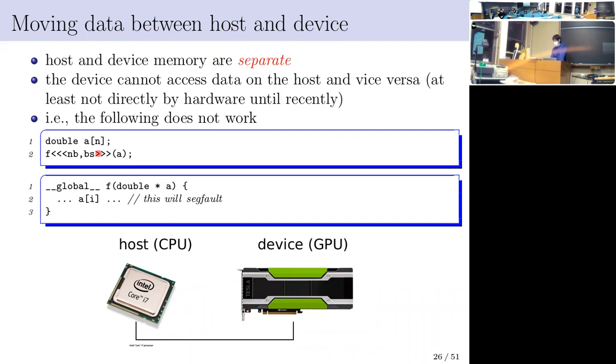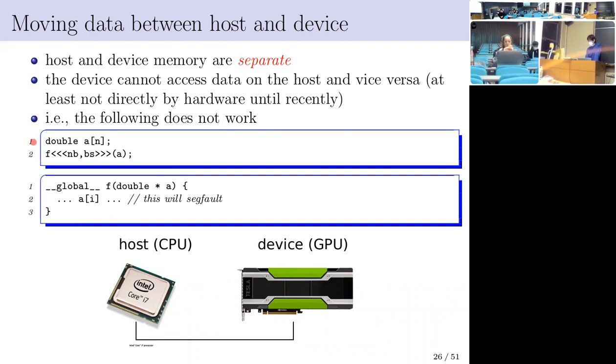What this means from the programmer's perspective is that code that looks as simple as this doesn't work. You have an array of double, and you are passing the array A, or more precisely, the address of the array, the pointer to the array, to the GPU by doing this. And the GPU takes a pointer as an argument and accesses it.